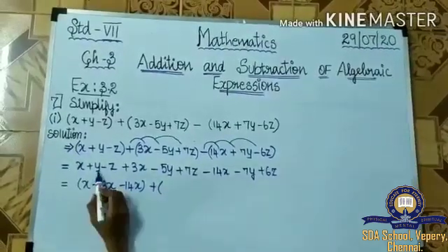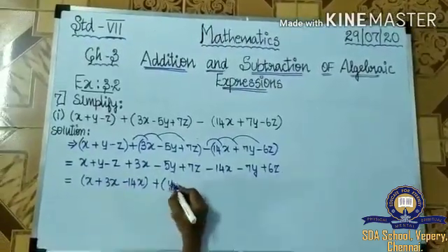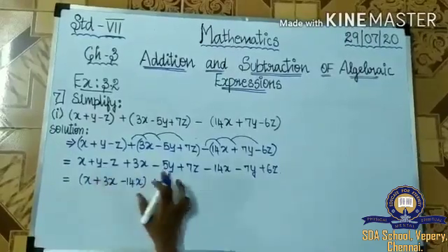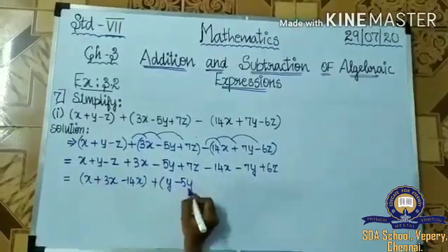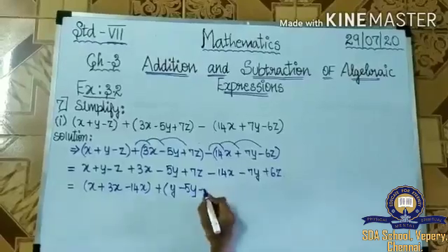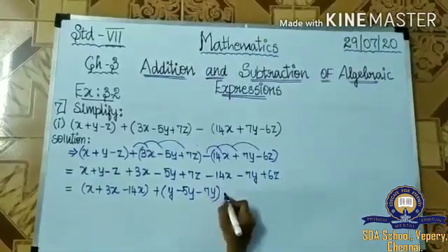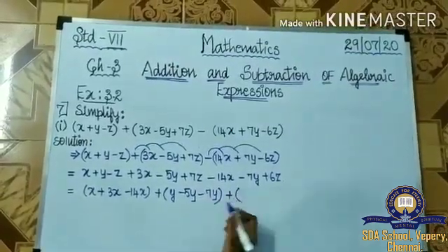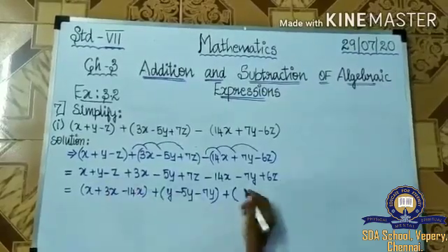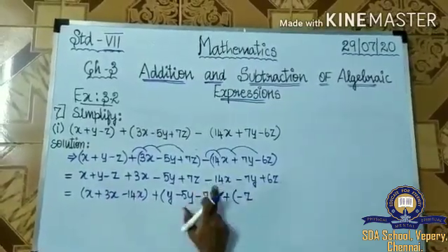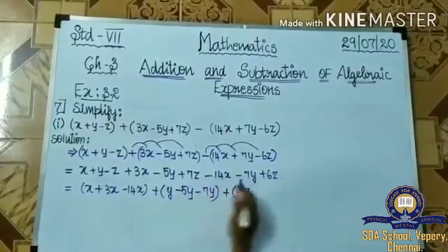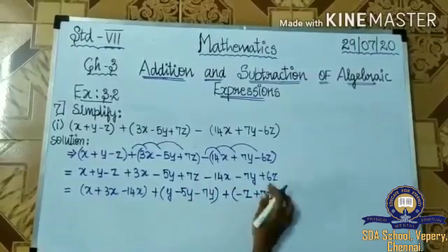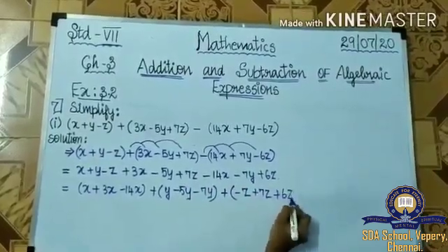Plus next y. Next we are going to add y terms. y minus 5y minus 7y. Next is z terms. So minus z plus 7z plus 6z.